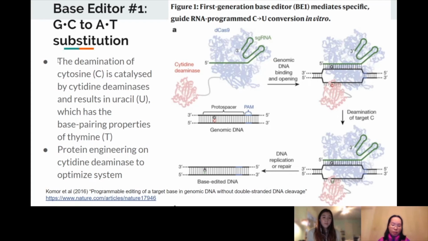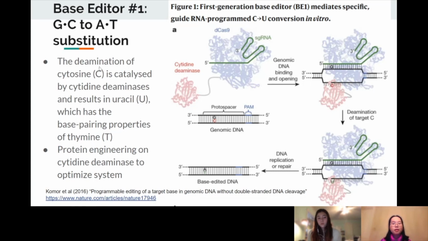The way it was done is that you fuse the nuclease-dead Cas9, which is directed to a particular location by the guide RNA, with the cytosine deaminase. So wherever this dCas9 is programmed to go, the cytosine deaminase goes right with it because it's connected. Now, what does the cytosine deaminase do?